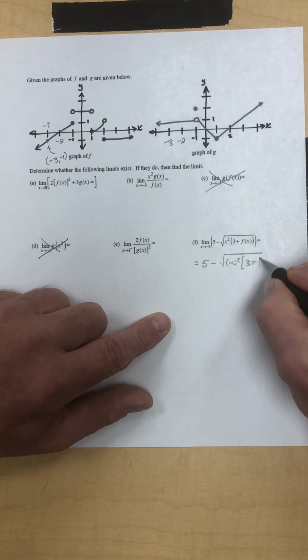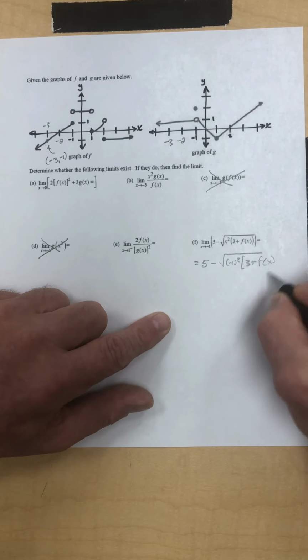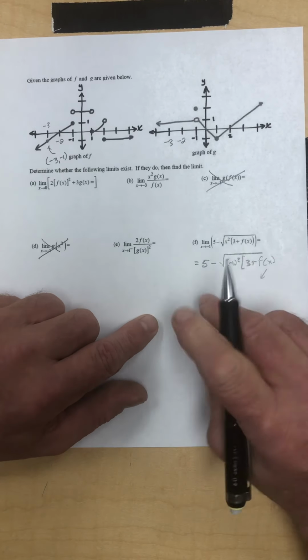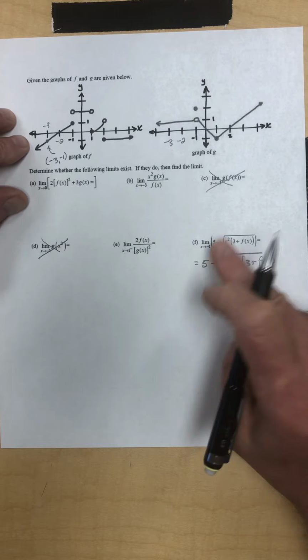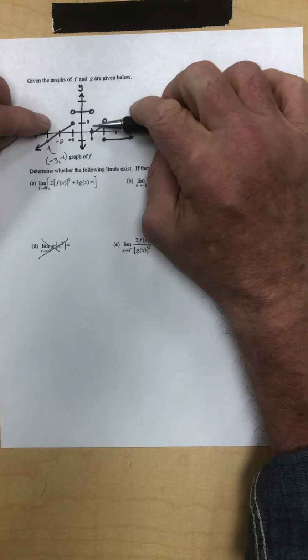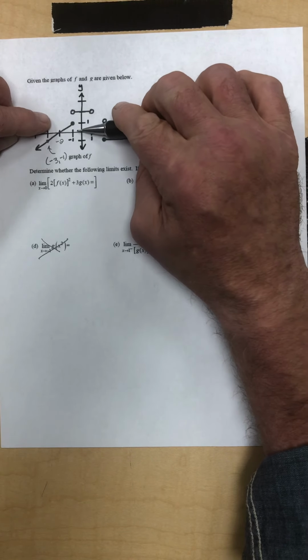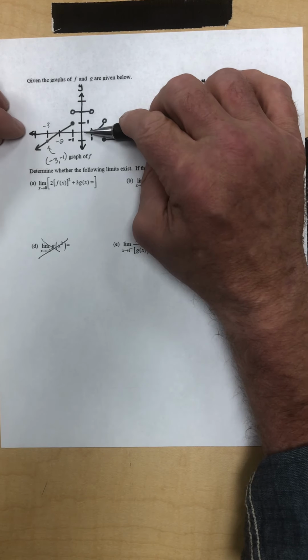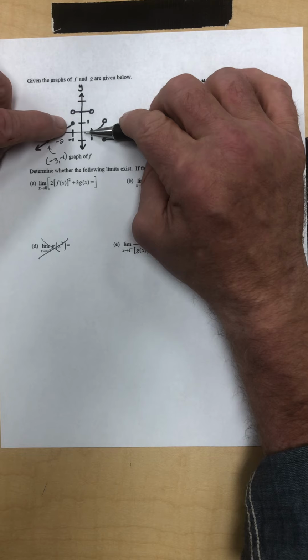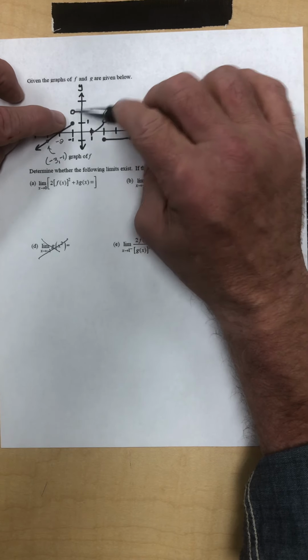Right here, f of x, as we approach -1 on f. As we approach -1 from the right, notice that all your y values are up here at 2. But as we approach -1 from the left, notice that your y values are down here at 1.